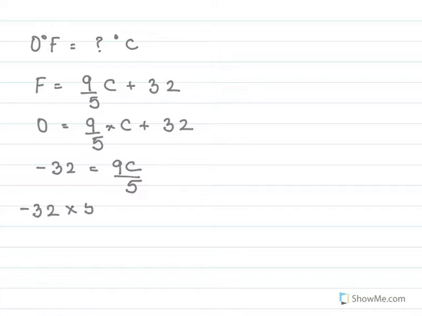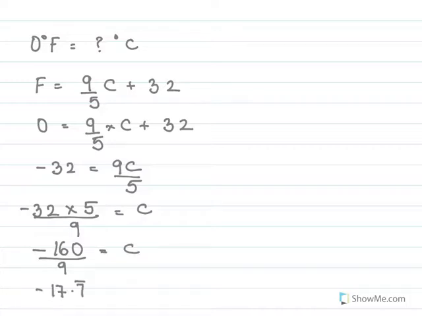Cross multiply, minus 32 into 5 over 9 equal to Celsius. So this is minus 160 by 9, which is minus 17.777, it goes on, equal to Celsius. So 0 degrees Fahrenheit equal to minus 17.7 degrees Celsius.